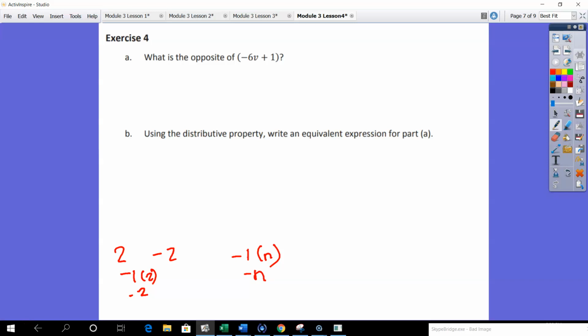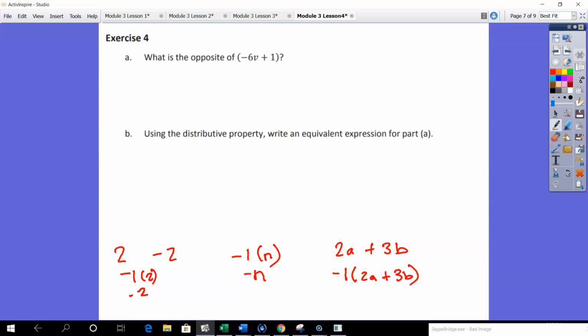Okay, so two mathematical expressions that represent the opposite of 2a plus 3b. So the opposite of 2a plus 3b. We could say -1 times 2a plus 3b.